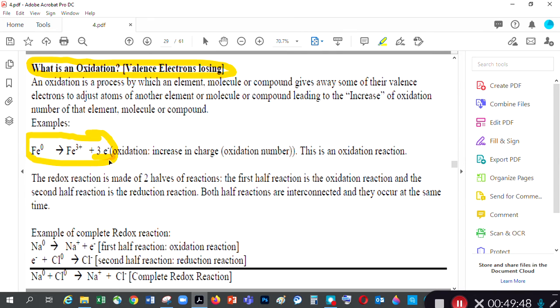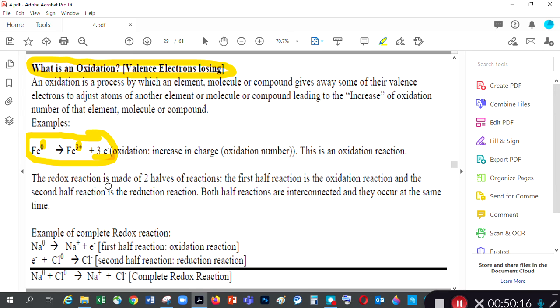So iron will have 3 positive. Compare this 0 with 3 plus: 3 plus is greater than 0. So this is an increase in the oxidation number, from 0 to 3 plus. That's oxidation.